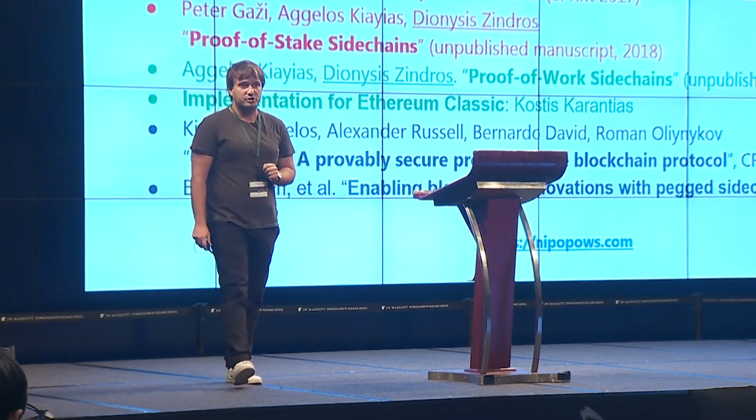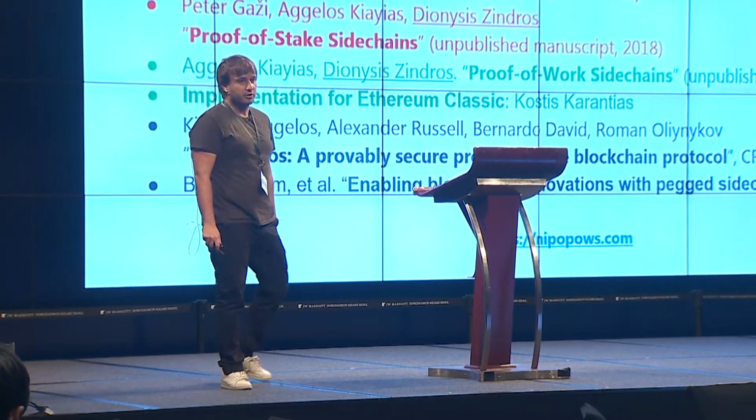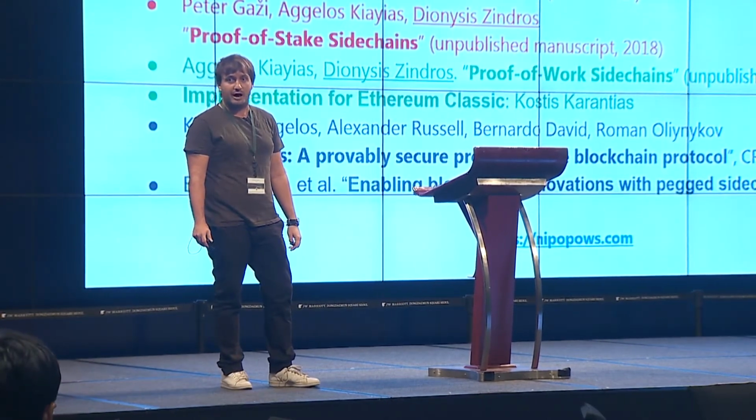We also have two more papers that are ongoing. One is for proof of stake blockchains, in collaboration with Aggelos and Peter Gaži, which is also unpublished, but we are also publishing this very soon. And also we have a paper that is already on ePrint since last year, but we have been updating it very actively, which is called Non-Interactive Proofs of Proof-of-Work.